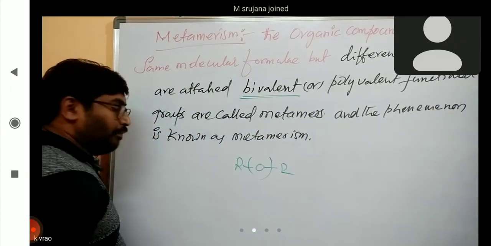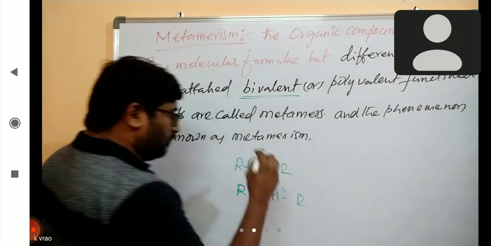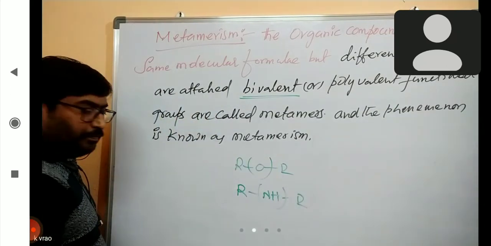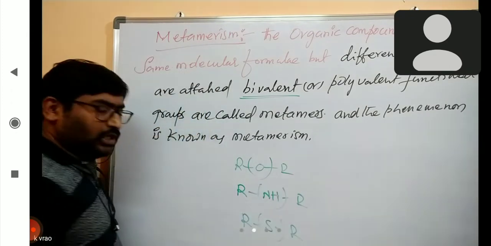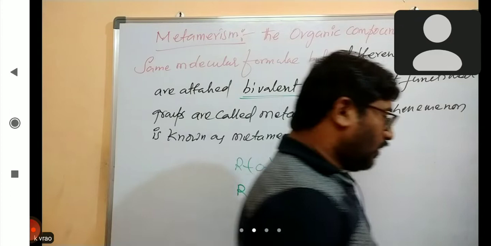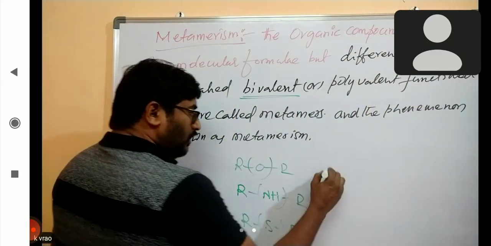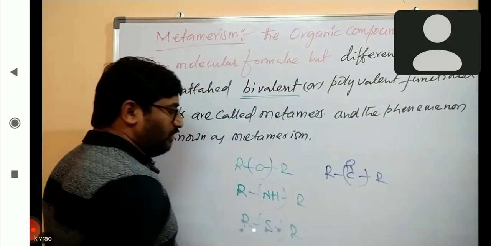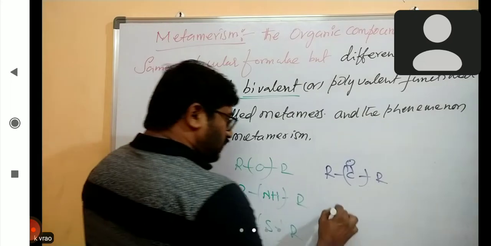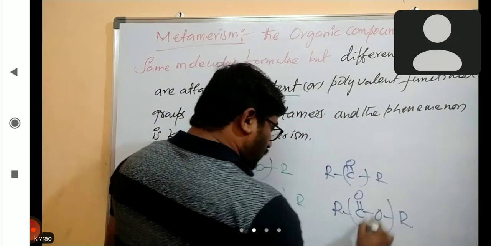Examples: ethers ROR, amines RNHR, thioethers RSR, ketones RCOR, and esters RCOOR. So these are bivalent functional groups.